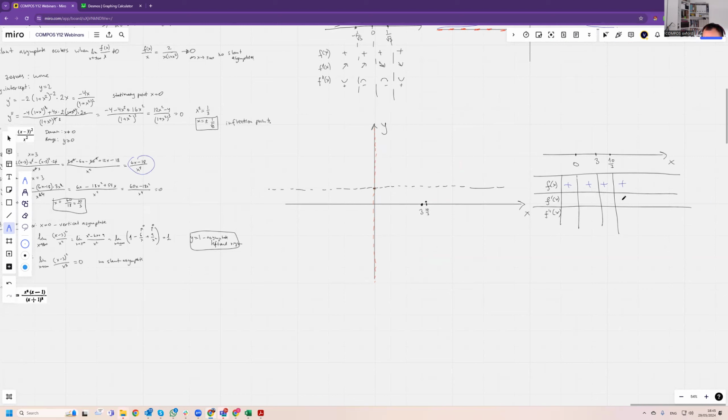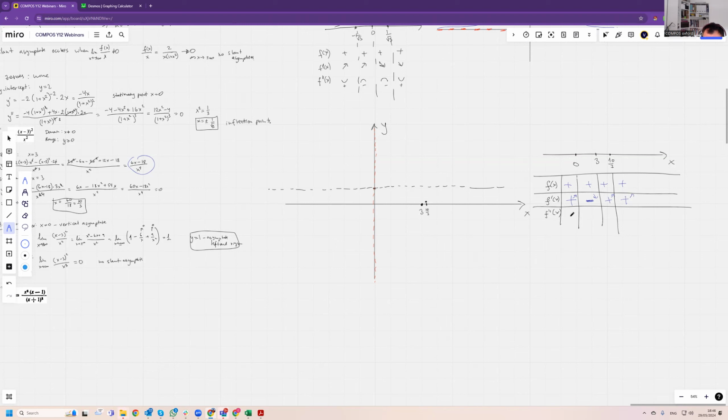It's positive when x is greater than 10/3. Between 3 and 10/3, it's still positive. Between 0 and 3 it's negative. And between minus infinity and 0, it's positive. So this is how the graph looks: increasing, decreasing, increasing, increasing.